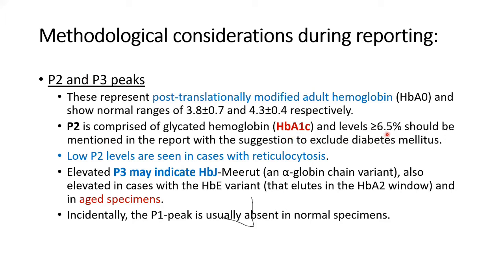If it is present, you should mention it if it is exceeding the limit. Low P2 levels can be seen in reticulocytosis, so this might give you an indication of any autoimmune hemolysis or hemolysis which is happening. Elevated P3, as I mentioned, can be because of hemoglobin J Meerut or aged specimens. So both these considerations should be noted whenever there is a high value of P3. And usually P1 is absent in normal samples.